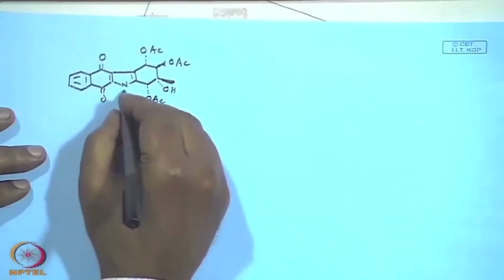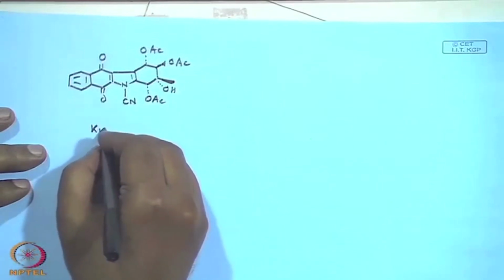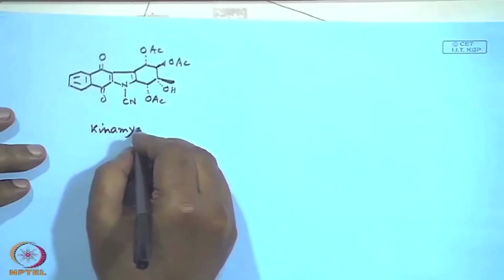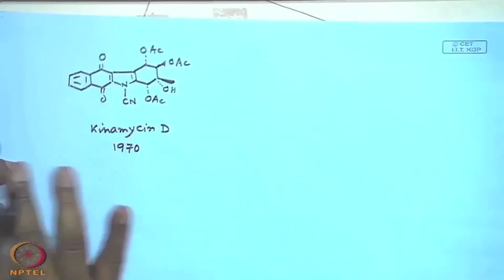Then the nitrogen is substituted by a cyano group, which is called cyanamide, and the name of this molecule is kinamycin D, which was isolated in 1970, and then the structure was established on the basis of NMR, IR, etc., including X-ray.